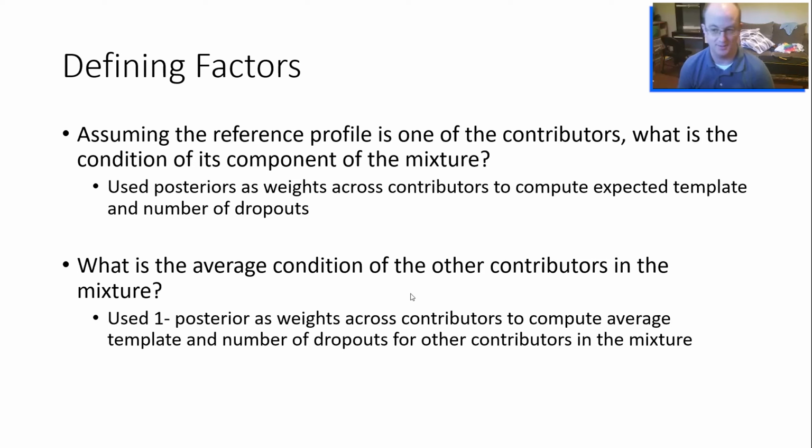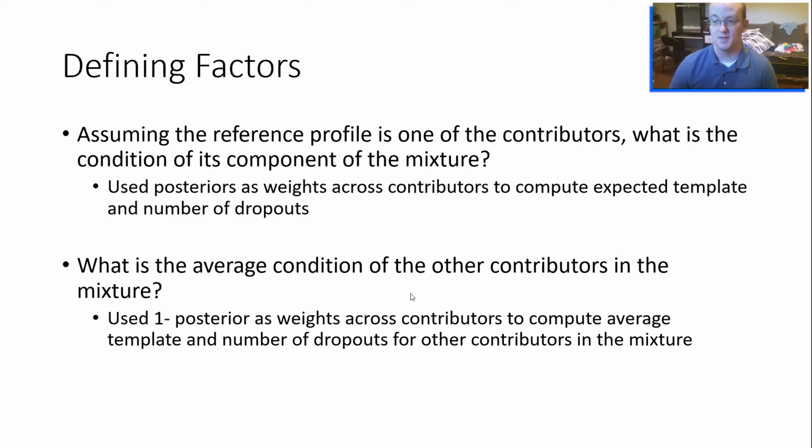We wanted to say, for this particular reference sample, is its component high or low in the mixture? And then separate that from the conditions of the other components of the mixture.